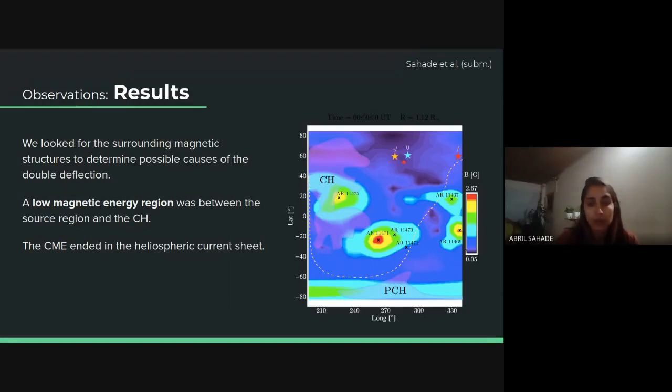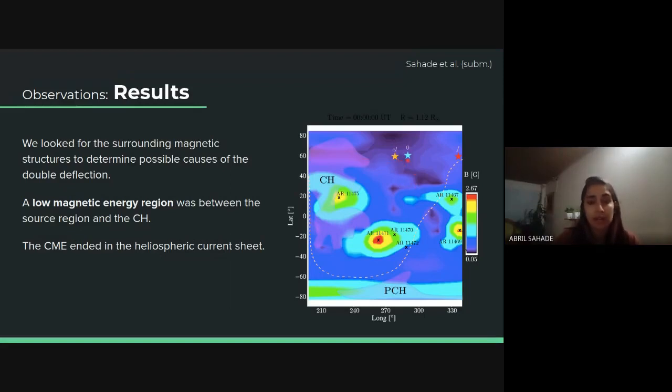And we have some low energy regions over here and here, also between the initial position of the flux rope and the coronal hole. Well, we can see that the coronal hole is the nearest magnetic structure. It could seem that this structure is at the same distance, but in fact it is a projection and it is almost twice as far away as this.